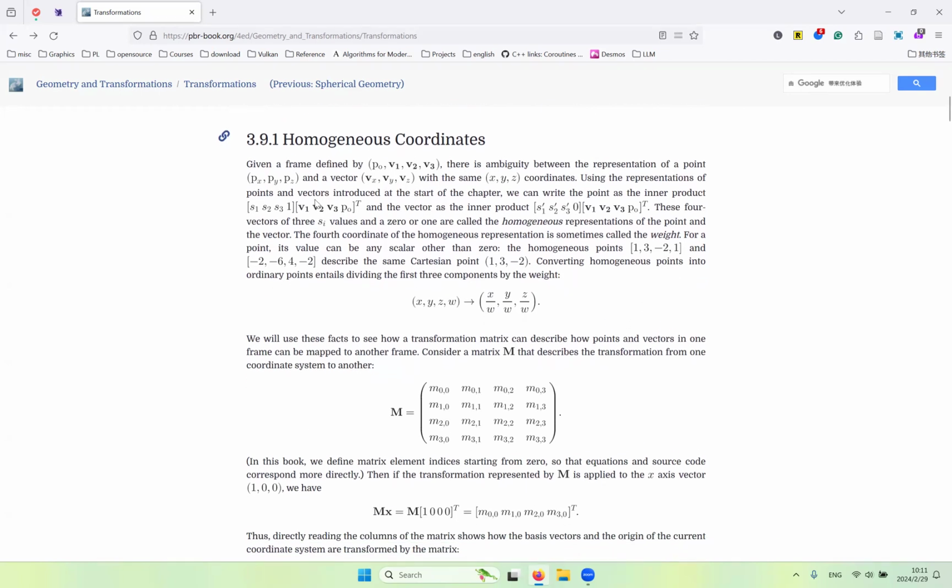Here is a very quick introduction, or just a refresher, to homogeneous coordinates, which are also used in PBRT. Given a frame represented by a point and three basis vectors, there's an ambiguity between a point and a vector.